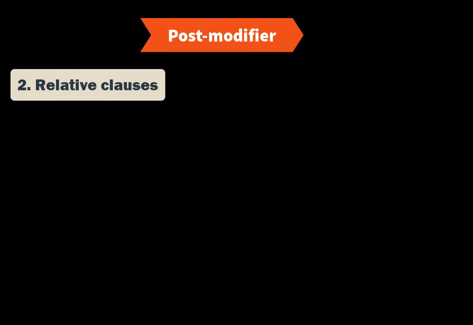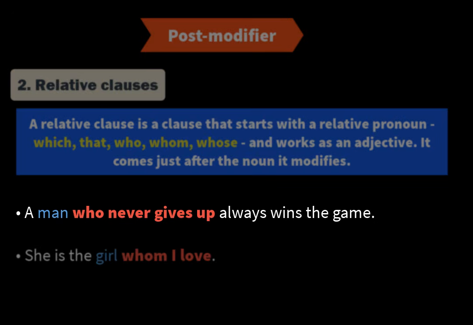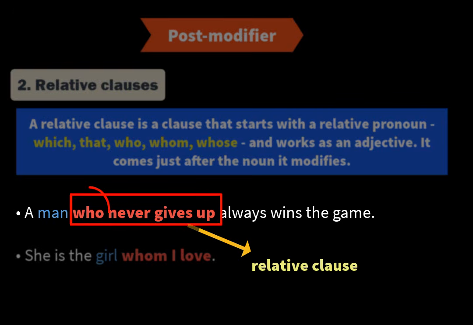The next type of post modifier is a relative clause. A relative clause is a clause that starts with a relative pronoun and modifies a noun that comes just before it. All right, let me show you an example. A man who never gives up always wins the game. A man, what kind of a man? Who never gives up.